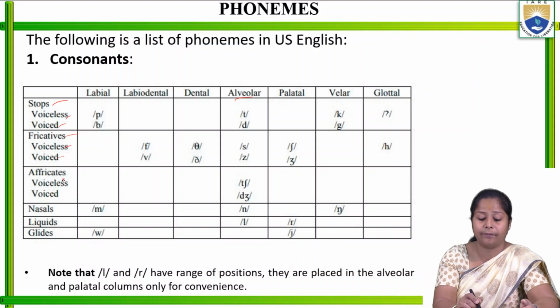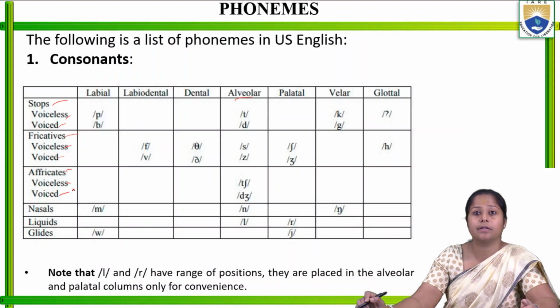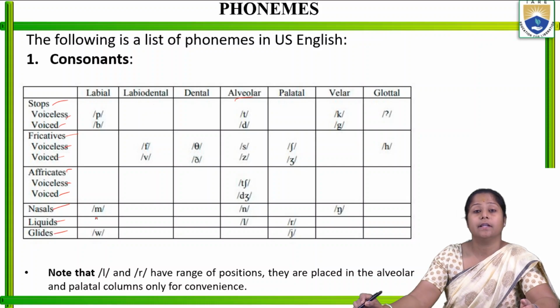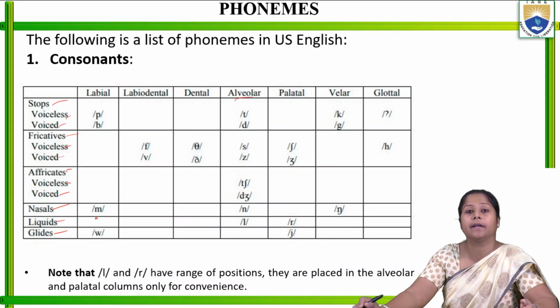Again affricates, voiceless and voiced categories. Again nasals, liquids, and glides. So these 6 types of categories have been made to represent the different consonants.